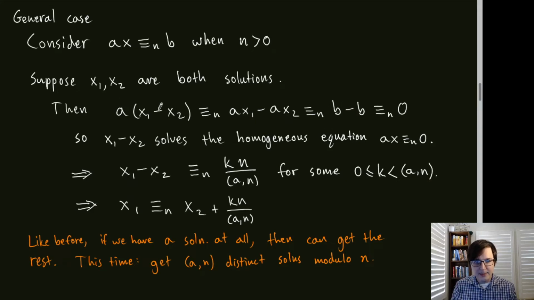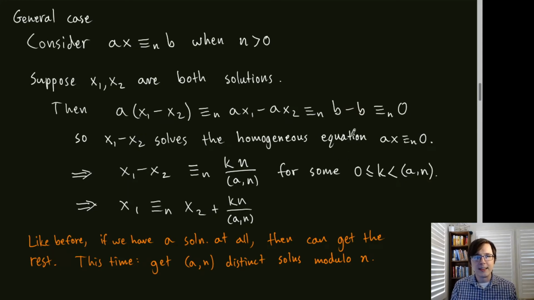I take a times their difference, which is equal to distributing it. And then because x1 and x2 are solutions, that's congruent mod n to b minus b, which is equal to 0. So a times the difference is congruent to 0 mod n, so that means x1 minus x2 is a solution to the homogeneous equation.